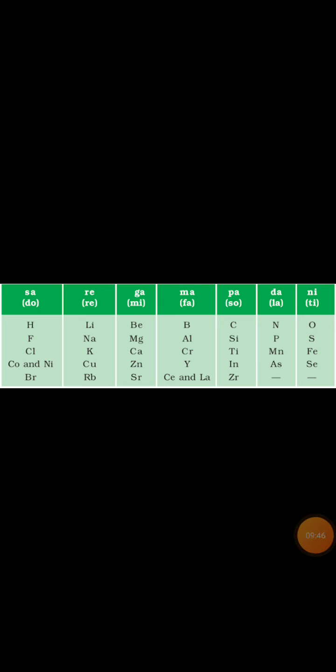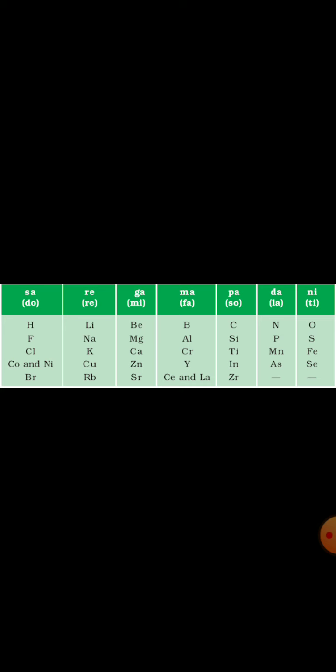As we have already discussed, he took the elements which were known at that time. It was assumed that at that time only 56 elements existed in nature. It was also thought that many elements would not be discovered in the future.